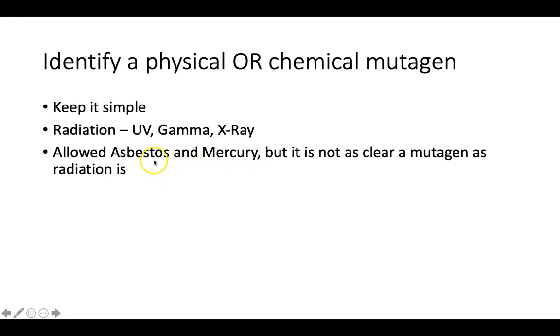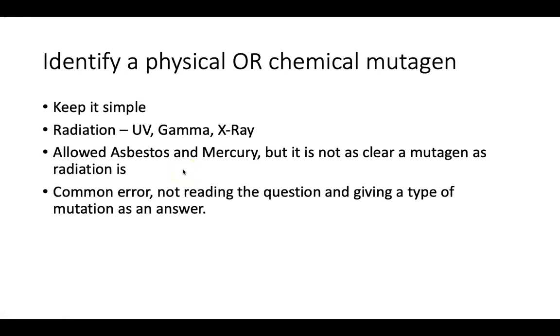There's a slight difference between the two. So, as I said, I did allow those because they do in some cases seem to cause or have mutagenic properties, but they weren't as obvious an answer as radiation. Remembering mutagens are all about changing that DNA structure rather than causing a chronic irritation like asbestos does, which can lead to something like mesothelioma.